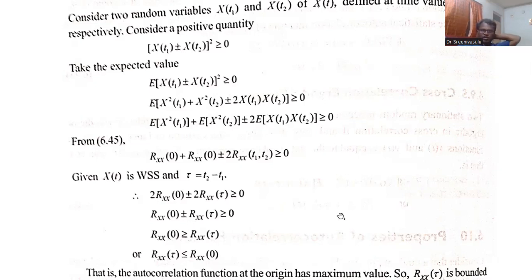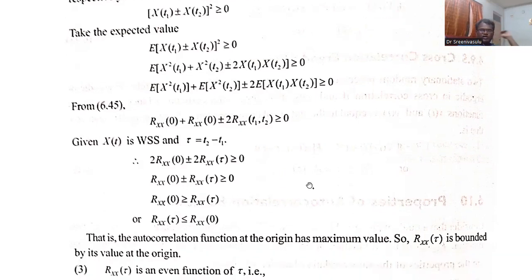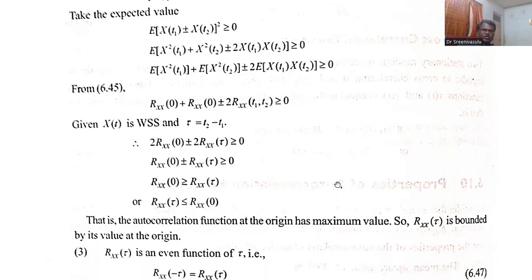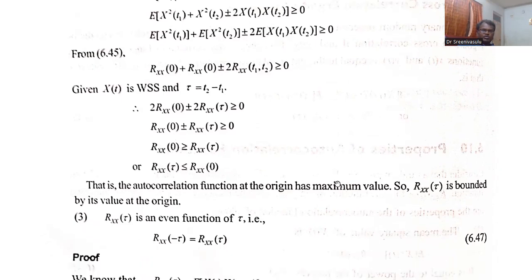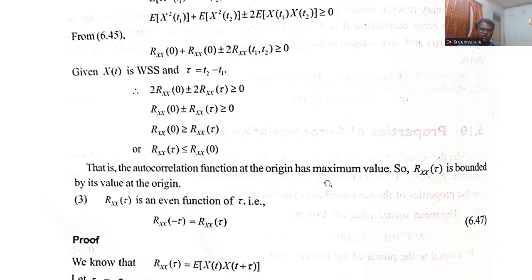Finally, from the mathematics, we get Rxx of tau is less than or equal to Rxx of 0. This means the autocorrelation function at tau is equal to 0 is maximum compared with the remaining values of tau.